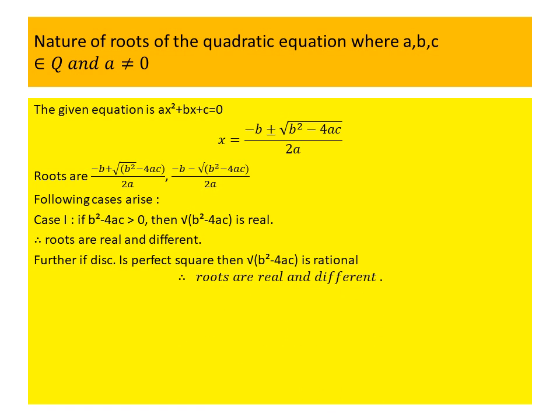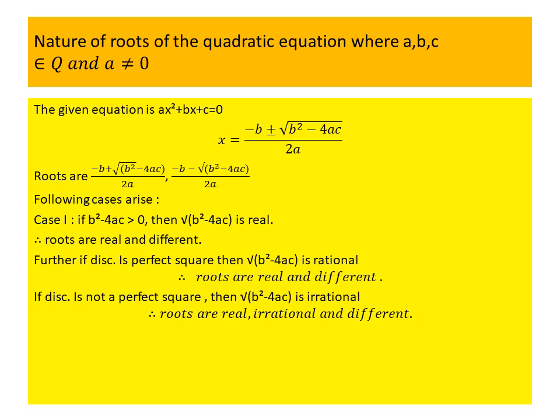Therefore, roots are real, rational and different. Now, if the discriminant is not a perfect square, then the square root of b square minus 4ac is irrational. Therefore, roots are real, irrational and different.